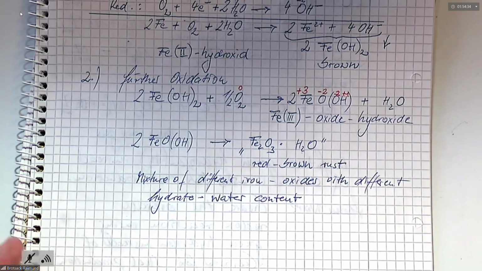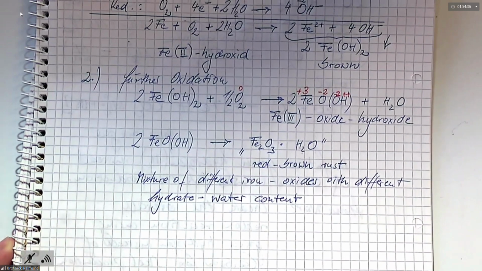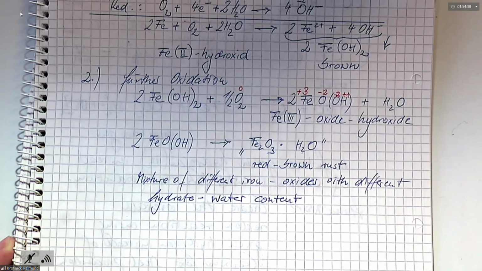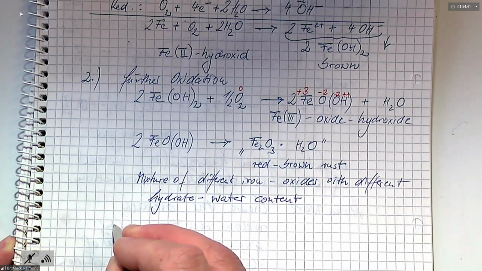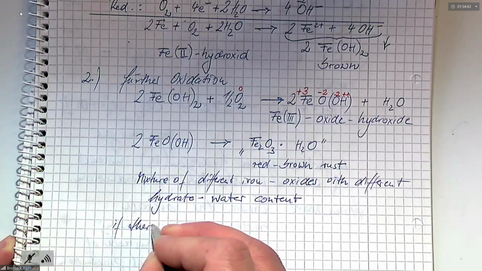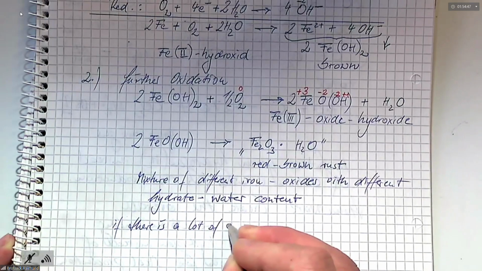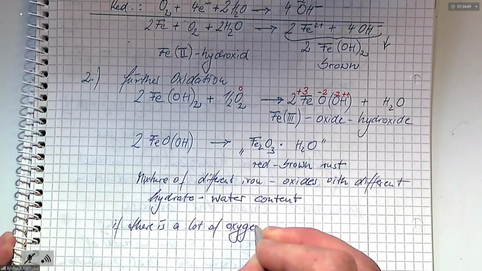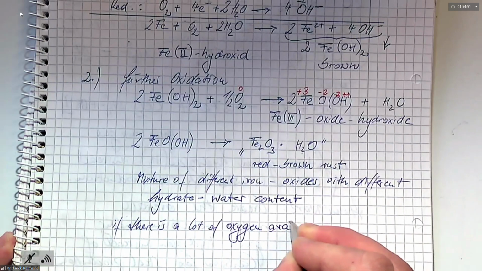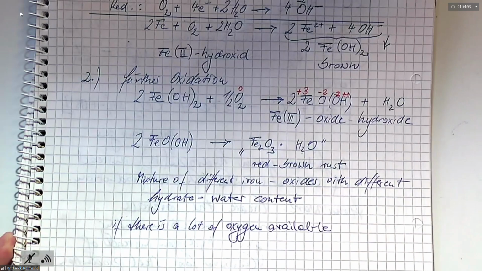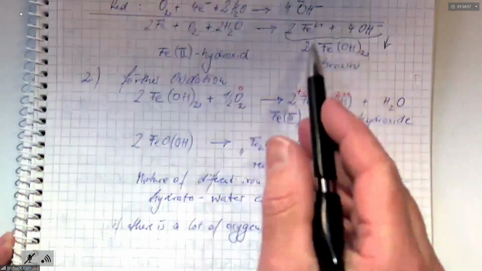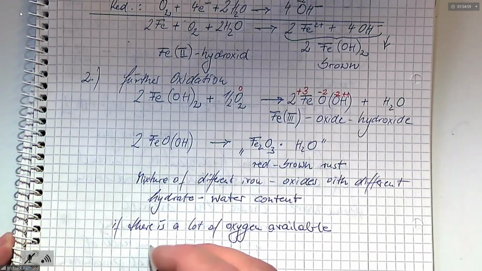And last but not least, sometimes when we have quite a lot of oxygen available, this iron hydroxide, which we had at the beginning, can even form another molecule.